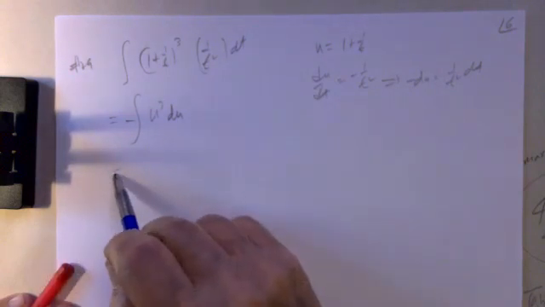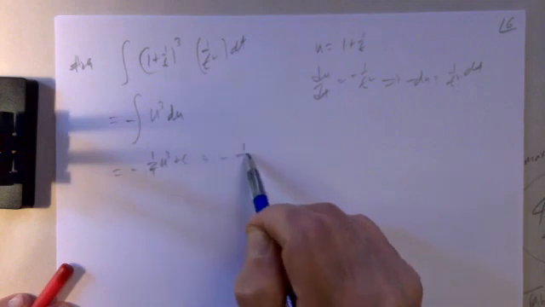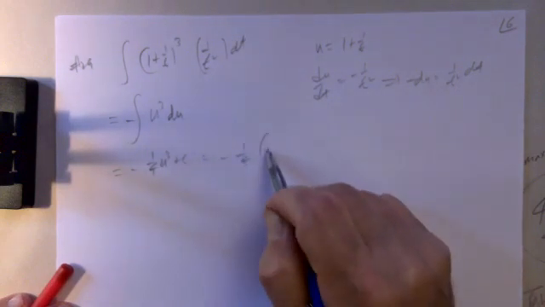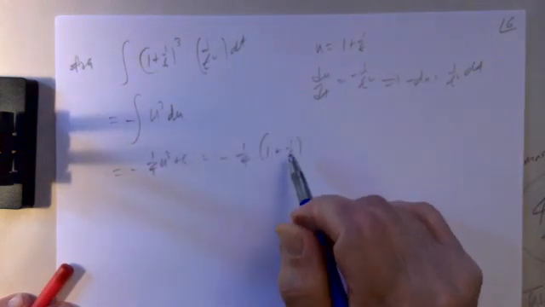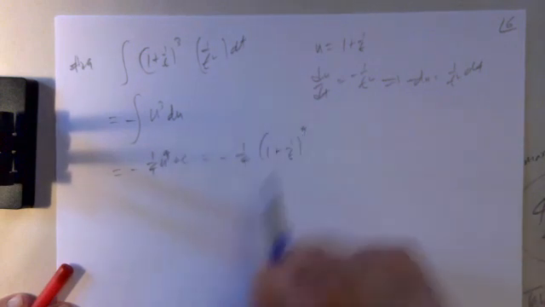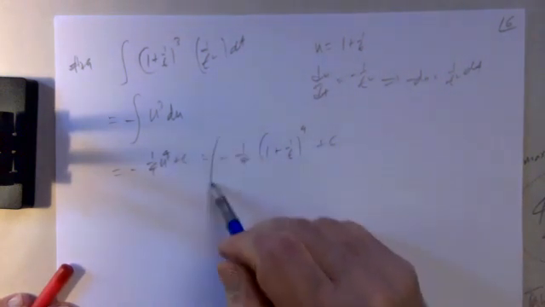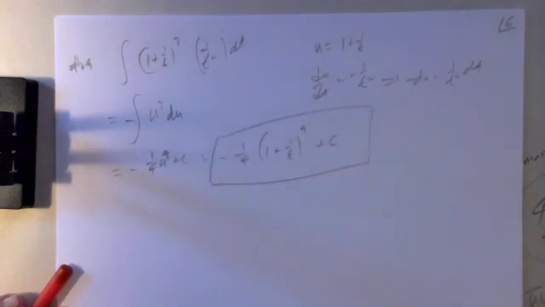That's what we get. That's minus a fourth u to the fourth plus a constant, which is minus a fourth (1 plus 1 over t) to the fourth, plus a constant. And that's the answer.